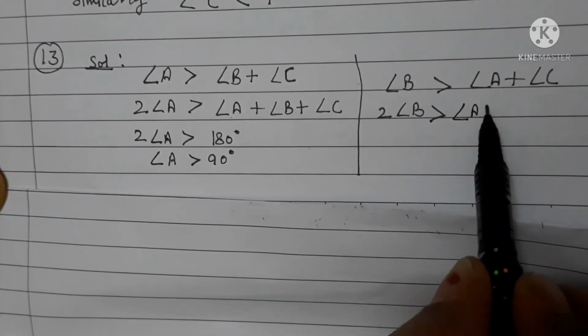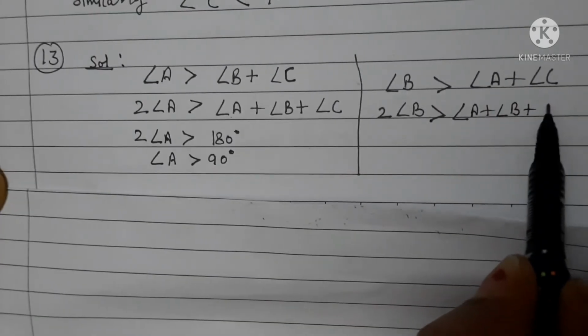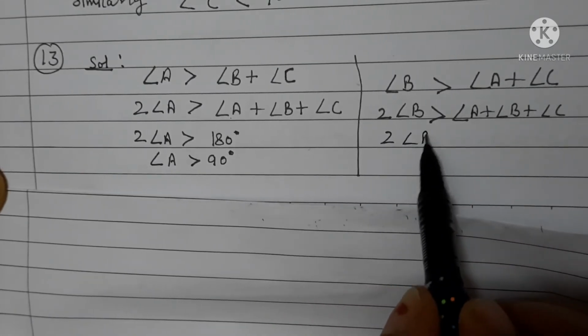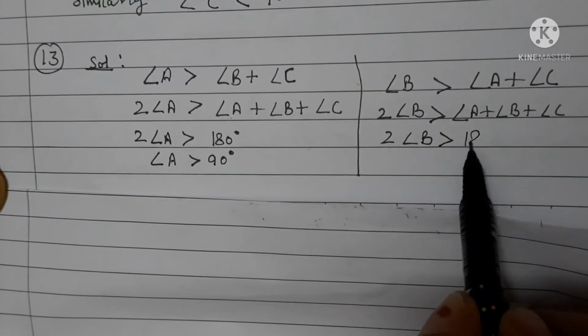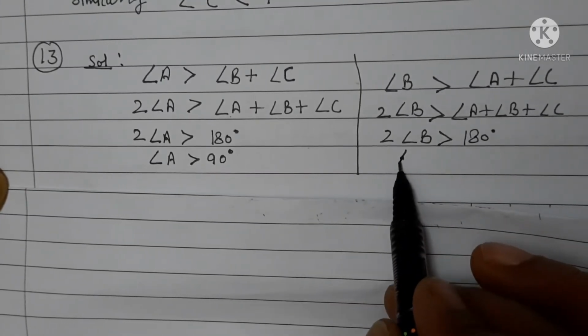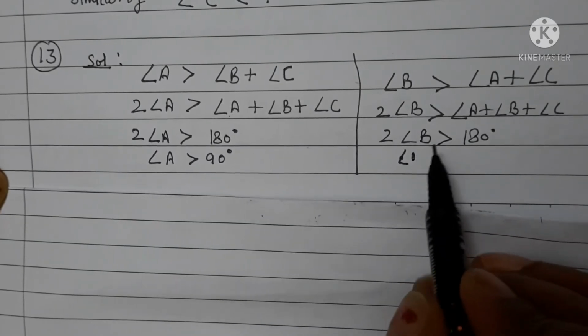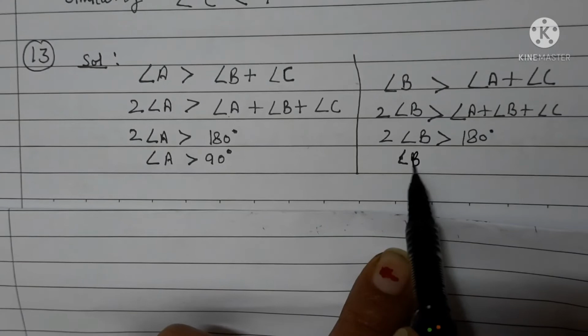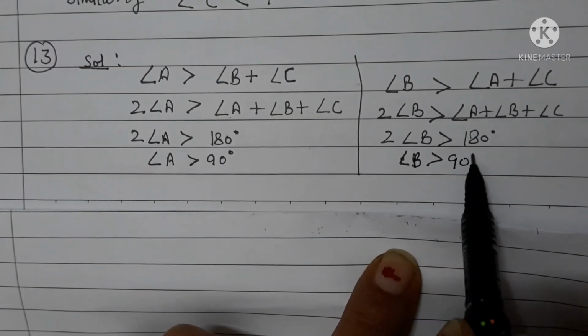So angle A plus angle B plus angle C, and this is 180 degrees. 2 angle B is greater than 180 degrees, or angle B is greater than 90 degrees.